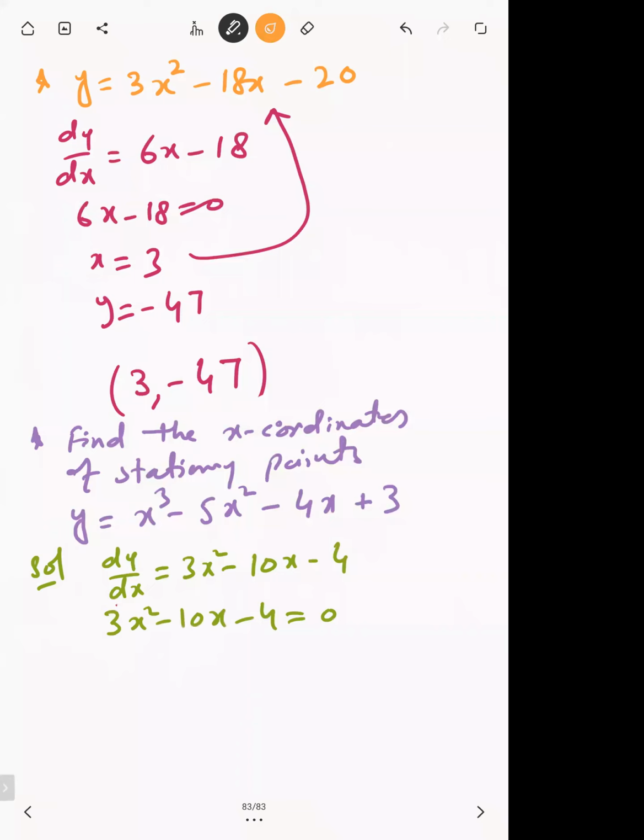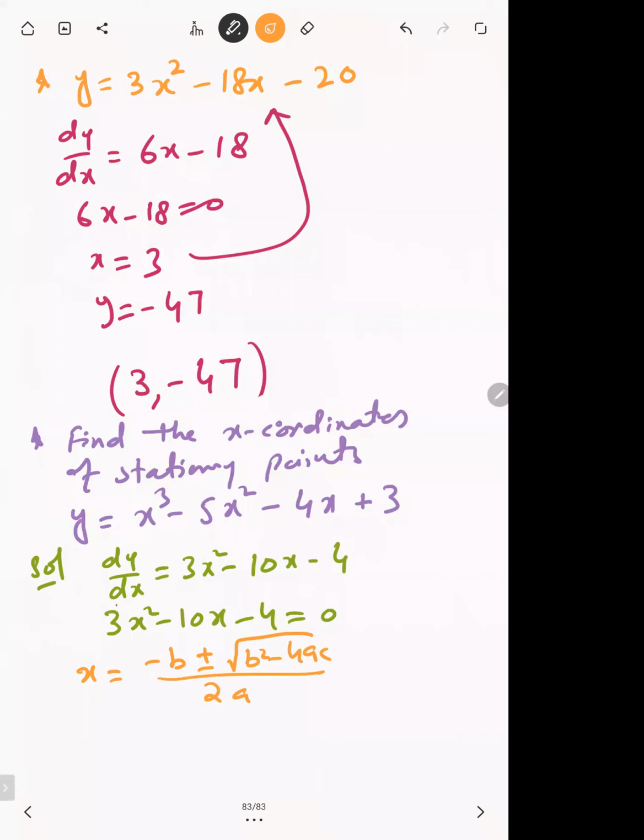If you think the factorization is possible, let's see. If you multiply the first and last term, you get -12. So you need to think of two numbers whose product is 12 and difference is 10. So there is no such number. So you need to use the quadratic formula then. x = (-b ± √(b squared - 4ac)) / 2a.